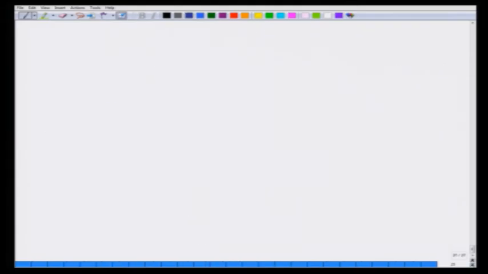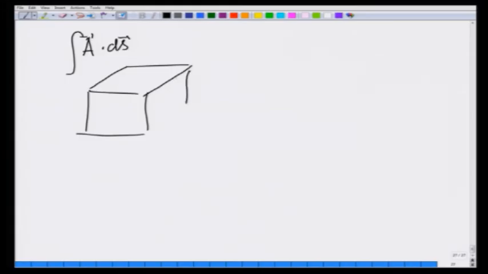Let us now check the theorem by calculating the surface integral A dot ds explicitly. Remember, now I am doing it over a cube which is centered at the origin, like the previous example. So, I have x equals L by 2 and backside is x equals minus L by 2. The unit vector on the back side is negative x, on the front side is positive x.